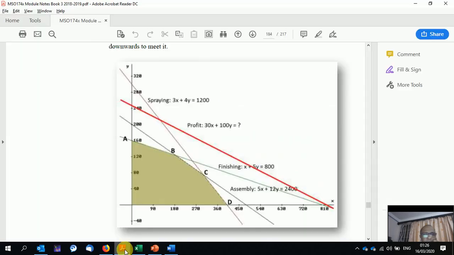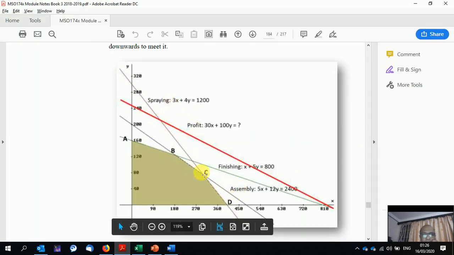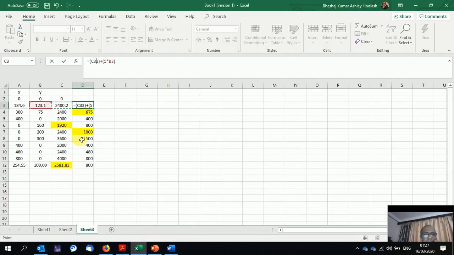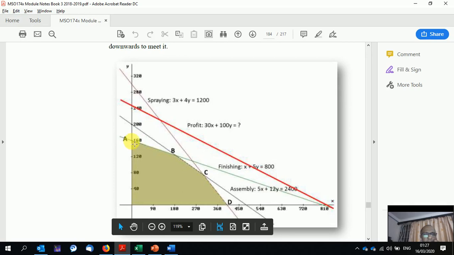So that's the assembly here, this line. If this stops being the optimal coordinate, then it will hit either here, let's check it out, yes, 0, 160.